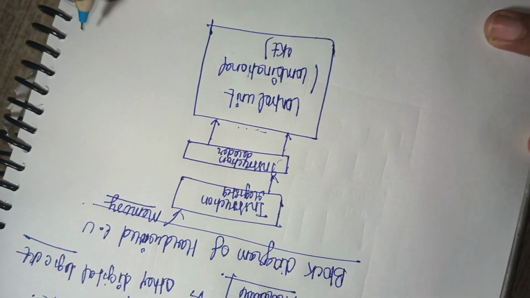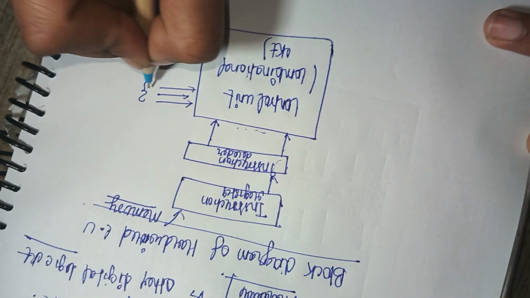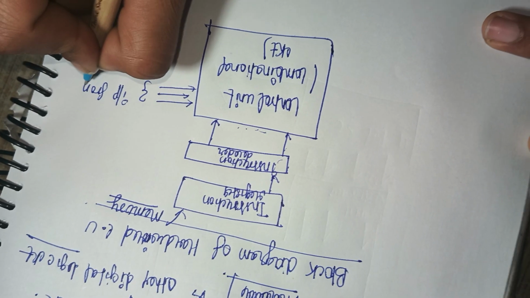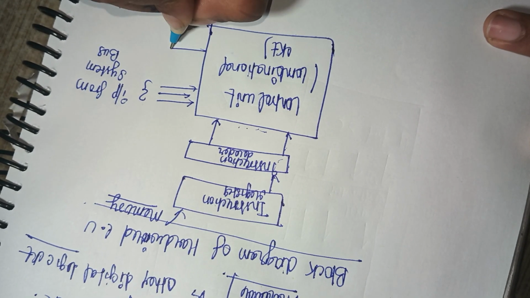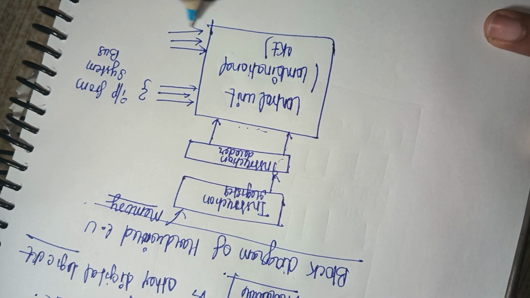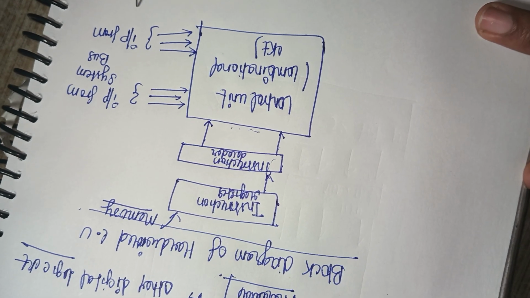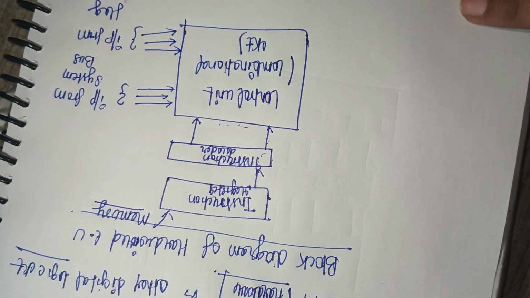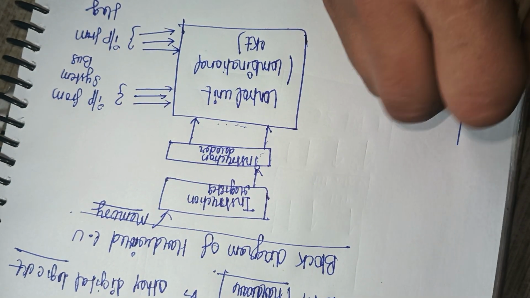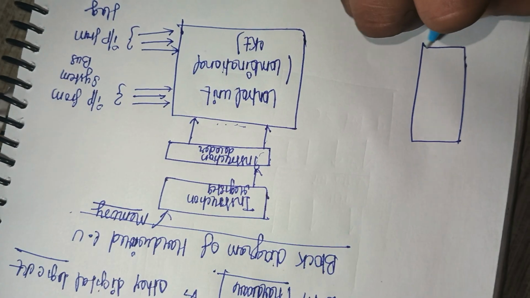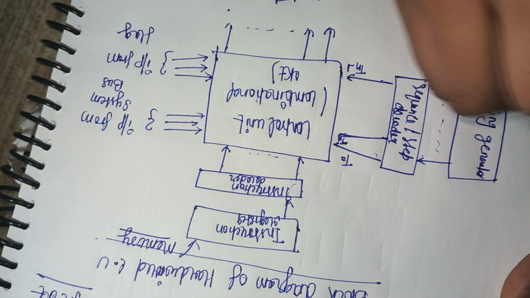The second input is from the system bus. The third input is from the flag. And the fourth input is from the clock.